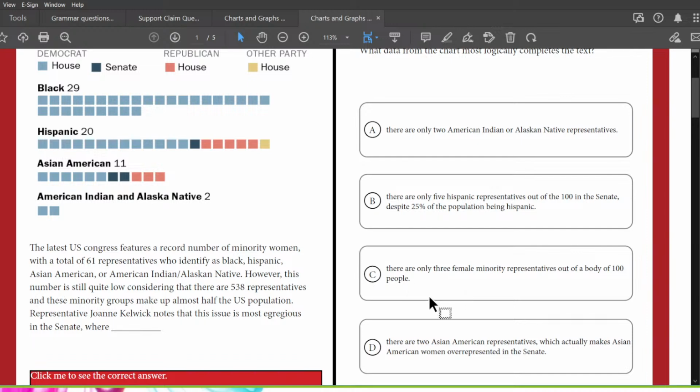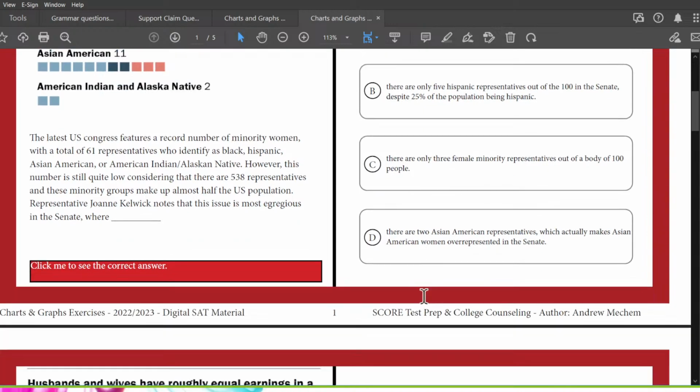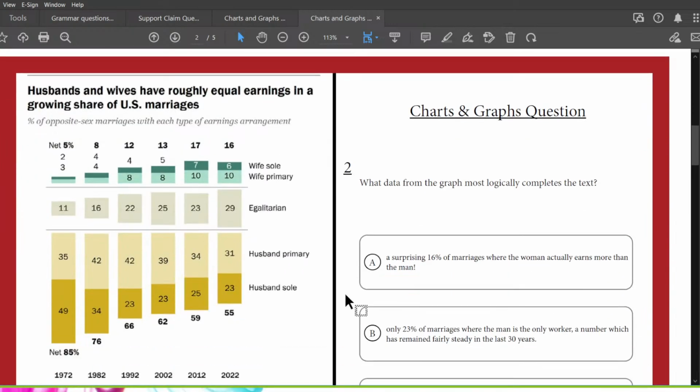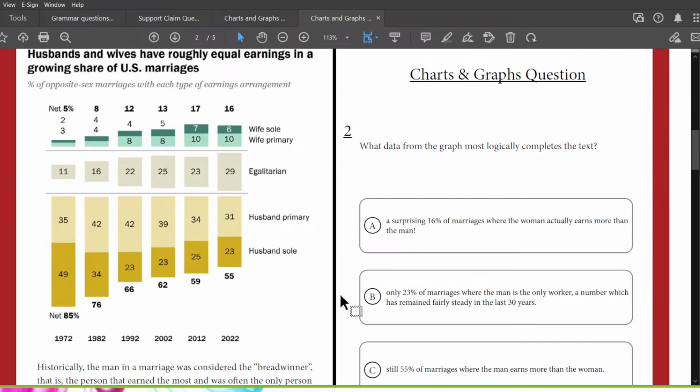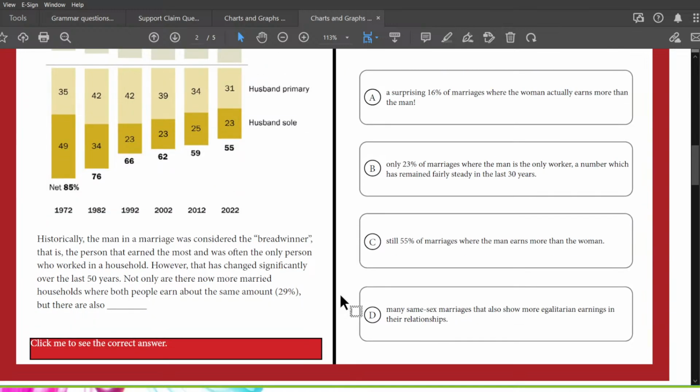Yeah. That is actually right. Okay. Okay, so now, but there are also, this has changed significantly.